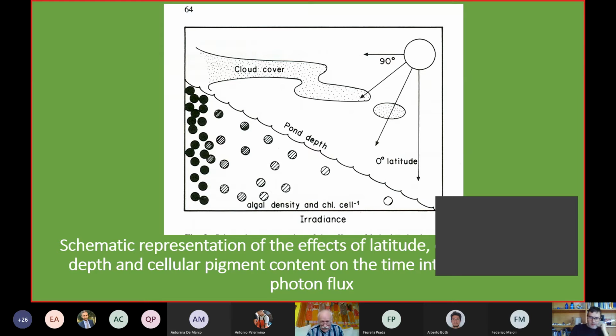Then you can decide where to construct the system, if there is a lot of cloud or less cloud. And then, as Stefano said, you use the depth of the pond. So to the left, you get low light acclimated cultures. To the right, you get high light acclimated cultures when you combine all of these factors.